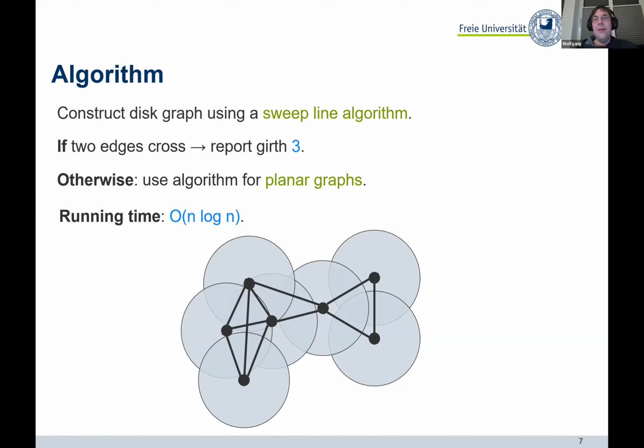Or the construction finishes without finding two crossing edges. Then you know that your disk graph is plane. So in particular, the number of edges that you constructed is linear. And then you have a planar graph, and you throw away the geometry and just use the algorithm for abstract planar graphs. So it's funny, but it seems that if you were just given the graph abstractly, it would be easier than if you are given the geometry.